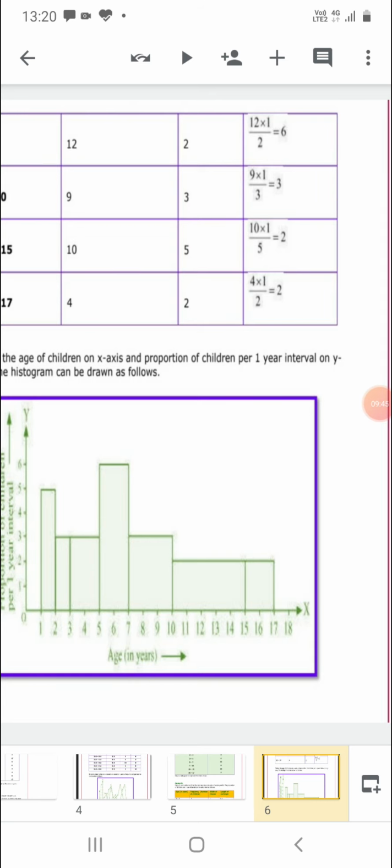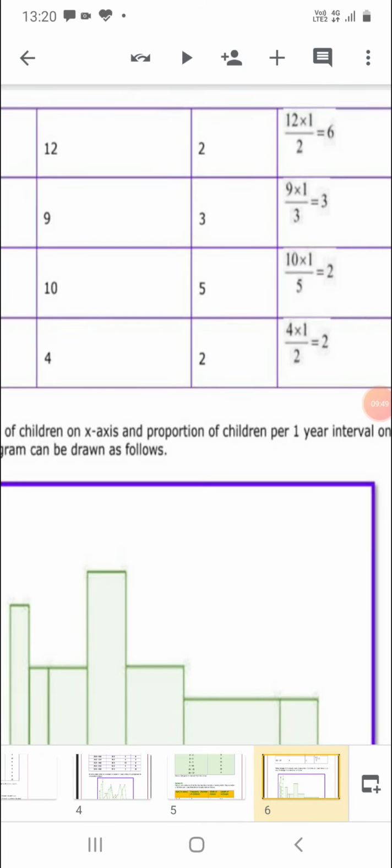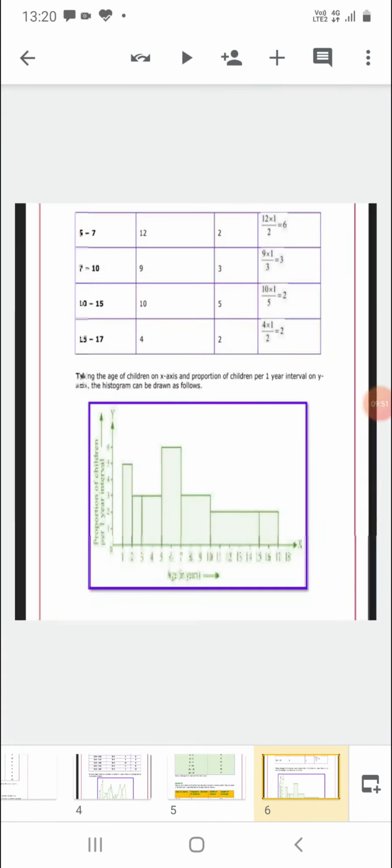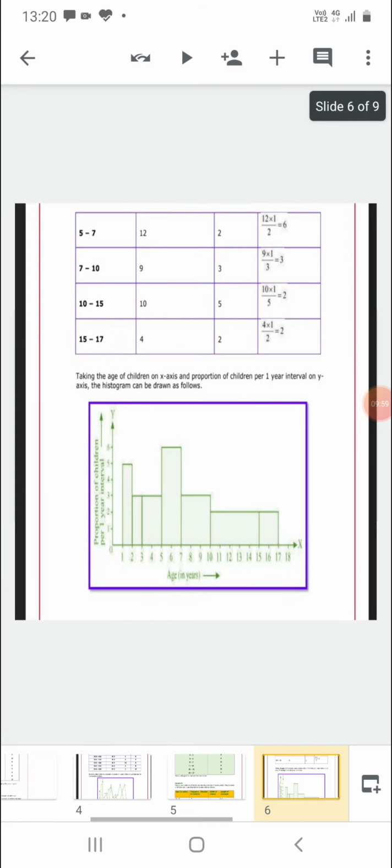So right, length के लिए हम क्या करेंगे? Frequency 12 multiplied by 1. Why are we multiplying in each part by 1? Because 1 is the least width. Frequency को lowest width से हमें multiply करना होता है.